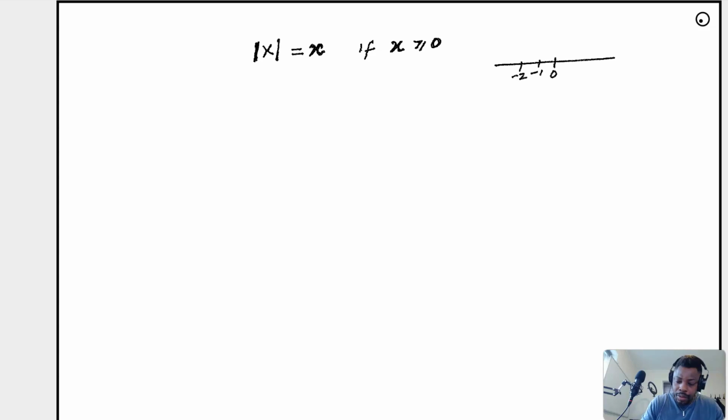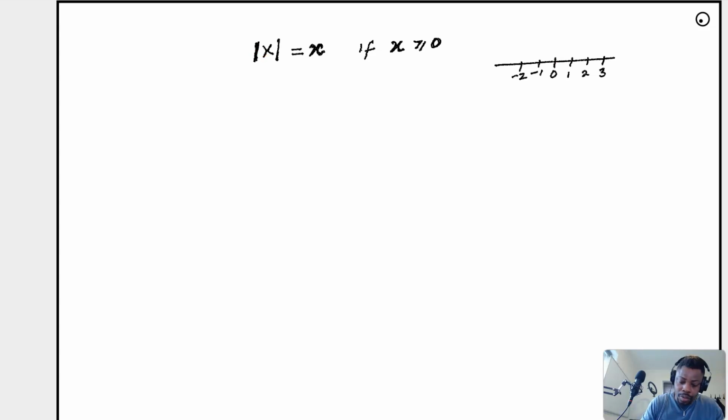Now, before we define modulus numerically, I would like to explain something here. If I assume that I have modulus of x, modulus of x is equal to x if x is greater or equal to 0. You can see here that x is positive. If you look at the number line, this is 0, this is -1, -2, this is 1, this is 2, 3, and so on.